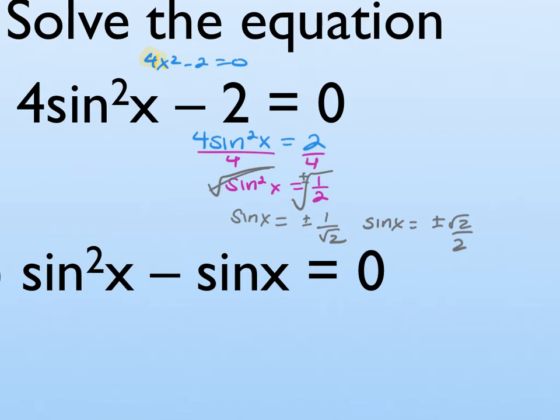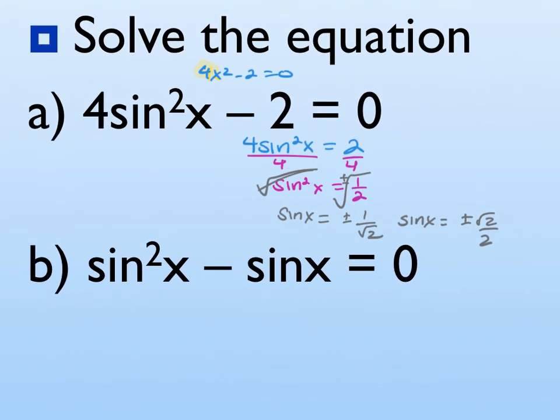Where is sine root 2 over 2? All the over what? Over 4. All the over 4s. So I get pi over 4 plus 2n pi, 3 pi over 4 plus 2n pi, 5 pi over 4 plus 2n pi, and 7 pi over 4 plus 2n pi.